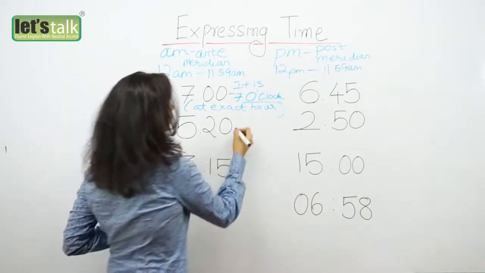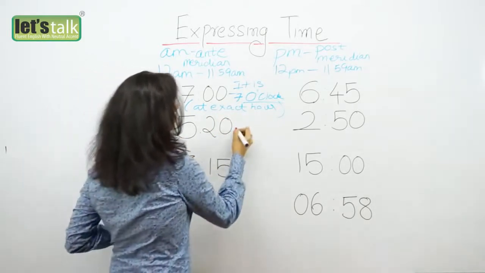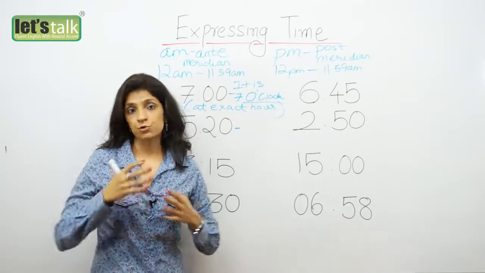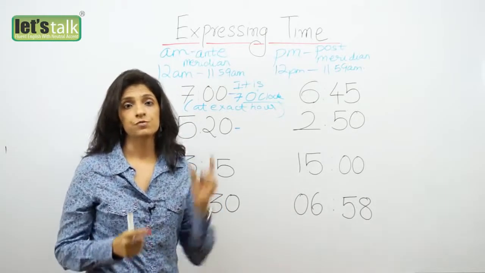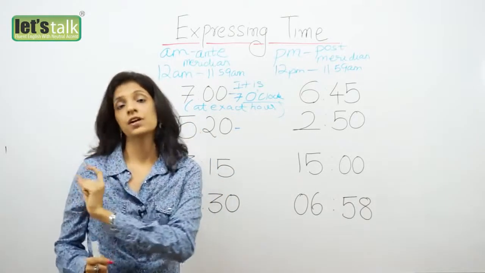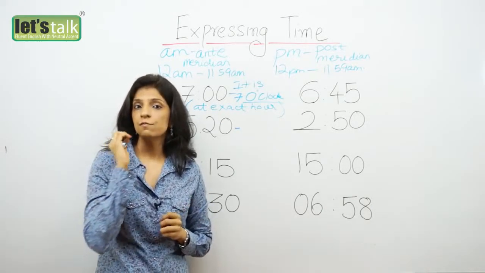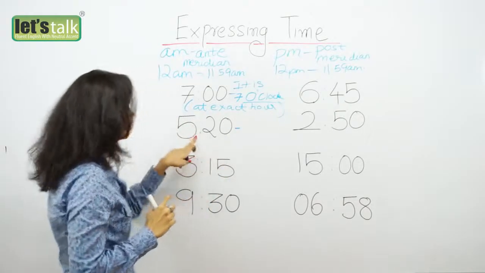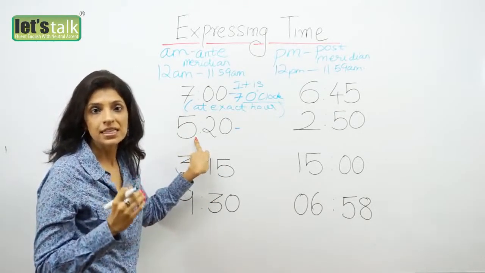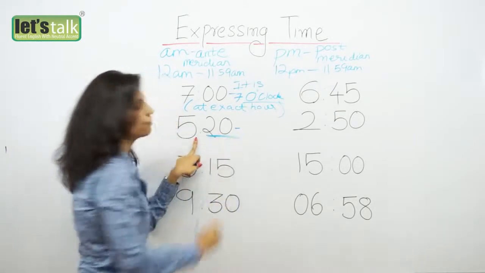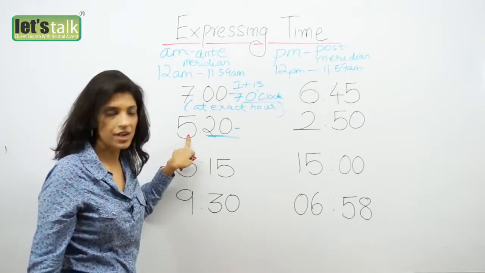The next one is 5:20. Now we have 60 minutes in an hour, okay. That means if you divide it into 4 equal parts, you have 15 minutes and so on. So you have 4 equal parts, that means 4 quarters, right? So here when it's 5:20, that means 20 minutes have passed 5 o'clock, right?